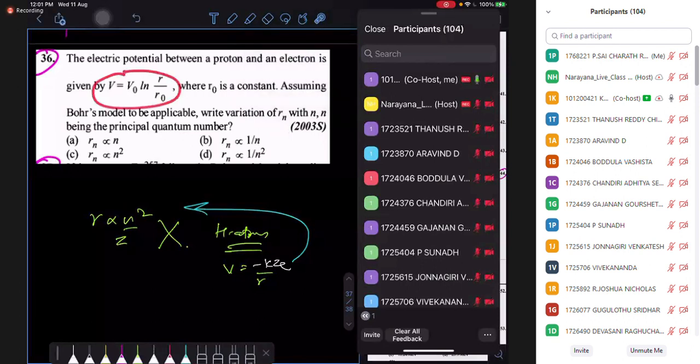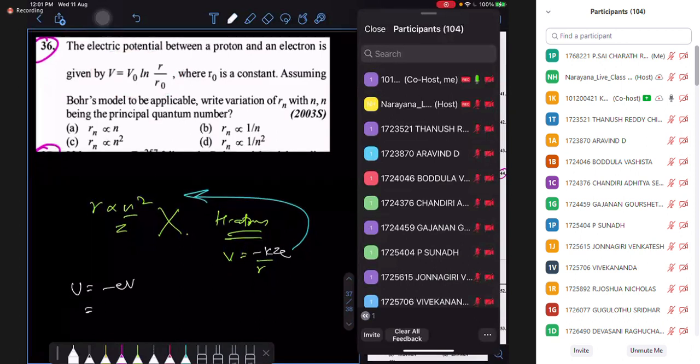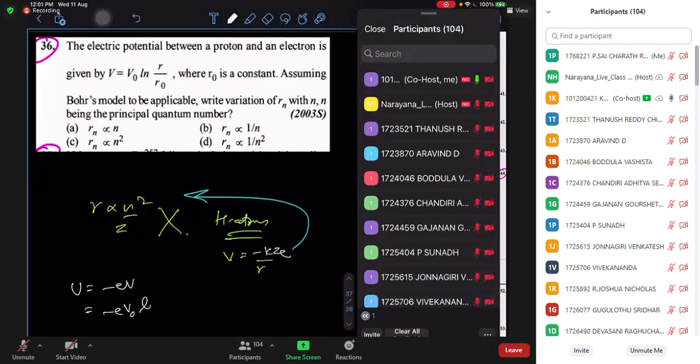First, I need this potential that is given. So what is the force value? Potential energy we can write is going to be EV. That is going to give me minus EV naught log R by R naught.